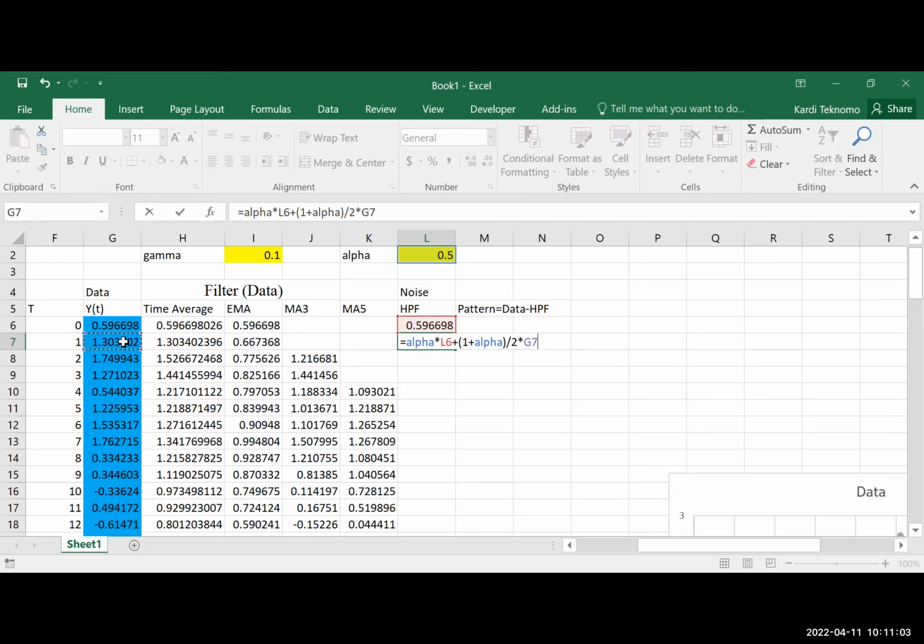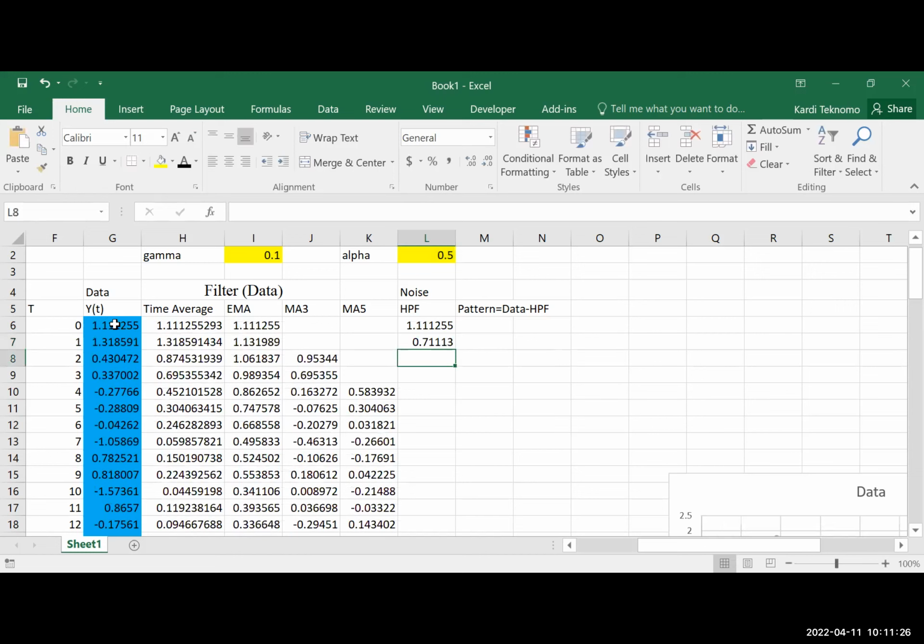And then minus again, this one minus again (1 plus alpha) divided by 2, multiplied by the previous data. Okay, previous data.